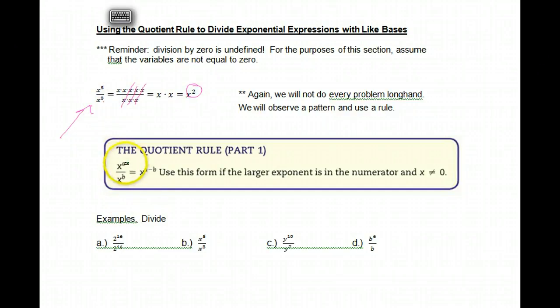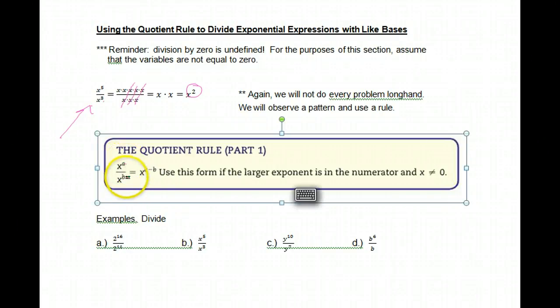So the quotient rule is that you're going to subtract the exponents for the numerator and the denominator. So we'll keep the base the same and subtract a minus b. And you would use that form if the larger of the exponents is in the numerator.